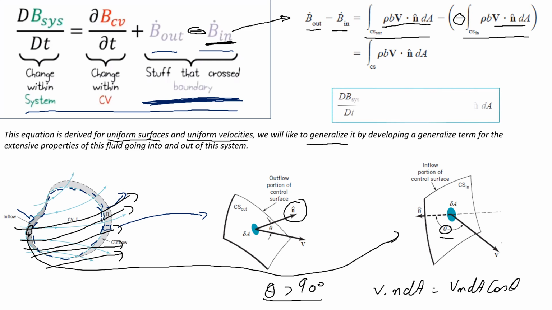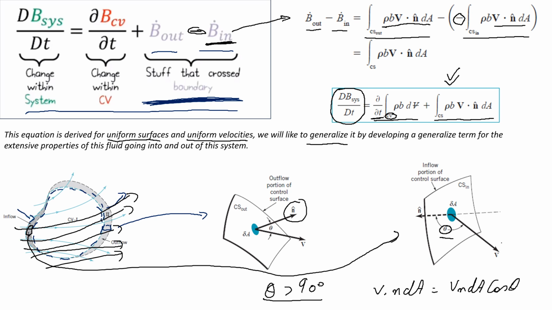So again, this is how my final Reynolds transport theorem will look. That is, my total change in the extensive property of the system with respect to time is equal to the partial change in the extensive properties of the fluid inside the control volume with respect to time, plus the fluid going into and out of the system.